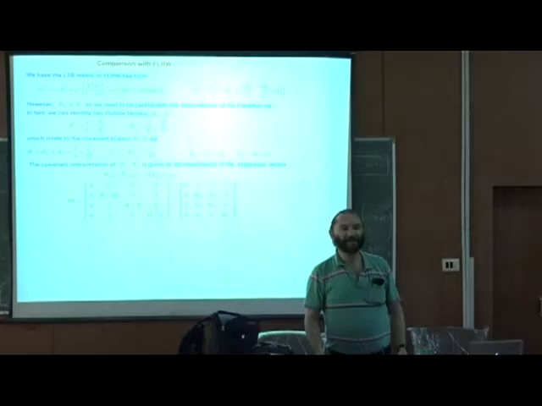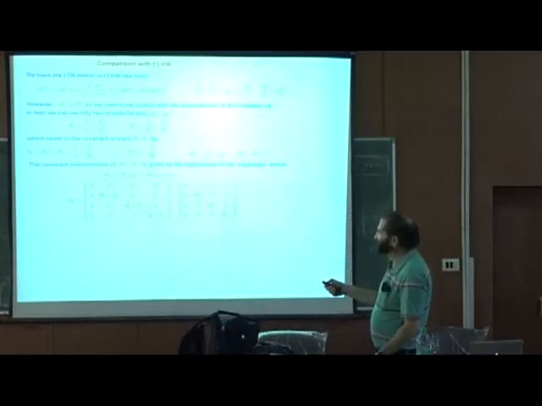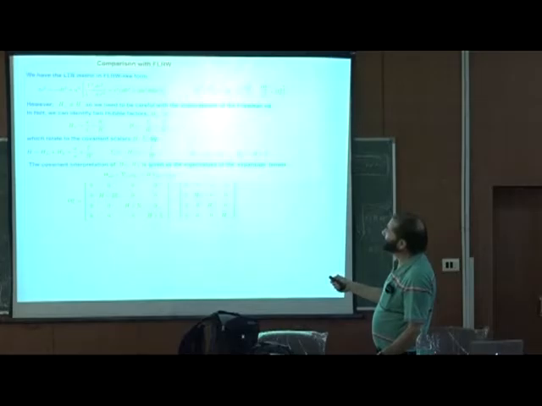Because what would happen in FLRW? These two factors are the same. Notice, in FLRW, gamma is 1. Therefore this is 0, and this one is this one.